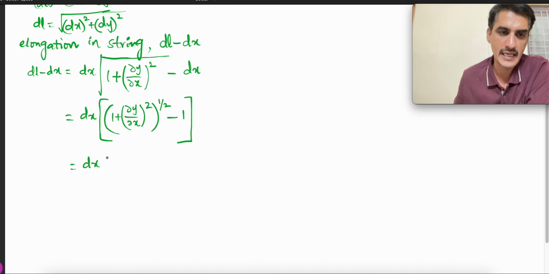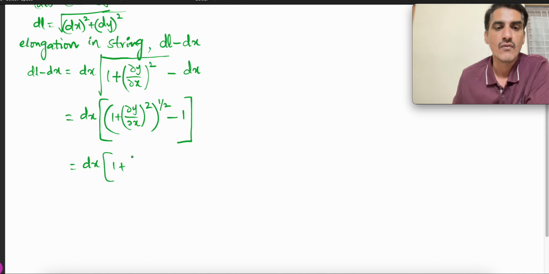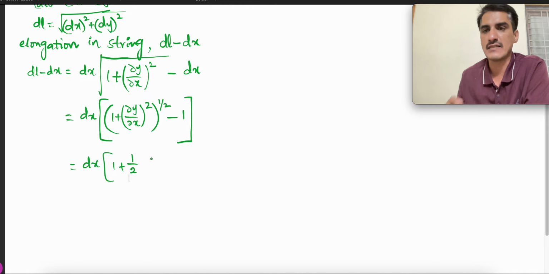Now dx into 1 plus 1 by 2, because these are all very very small values. That's why I can apply the binomial theorem. So I can take the first two terms of it, that is 1 plus, the power is 1 by 2, so multiply the second term, dou y by dou x whole square, with 1 by 2.